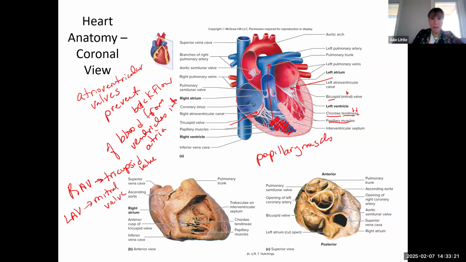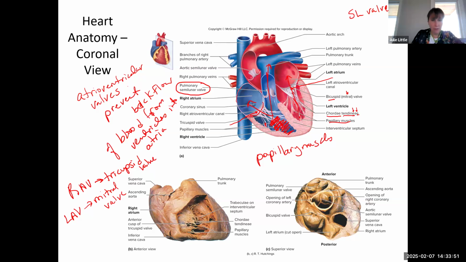Now, the valves at the base of the pulmonary trunk, here's a pulmonary trunk. This valve right here actually has 3 cusps to it, but it's called the pulmonary semilunar valve. You can just call it the pulmonary valve. But if you hear the term semilunar, the semilunar valves do the same thing as the AV valves in a different way. The AV valves are for preventing this blood from regurgitating back up into the atria.